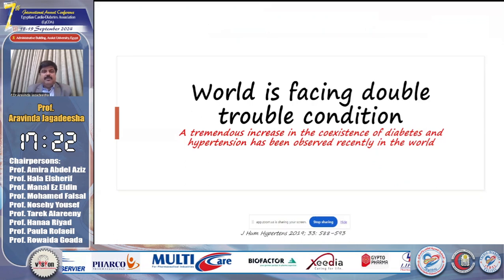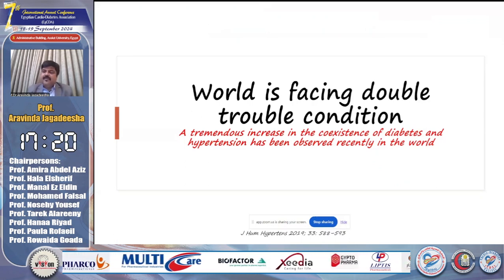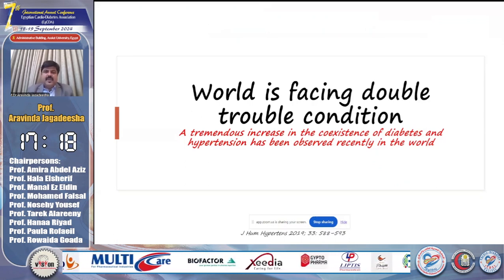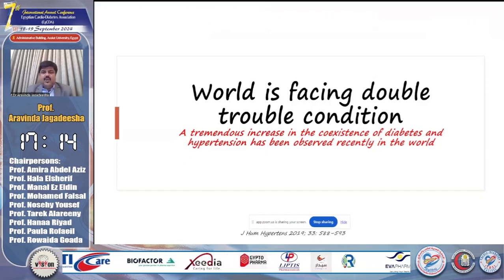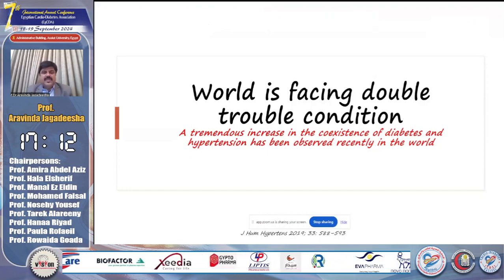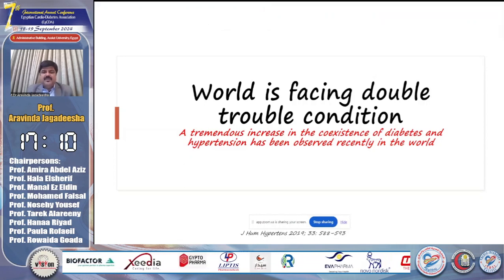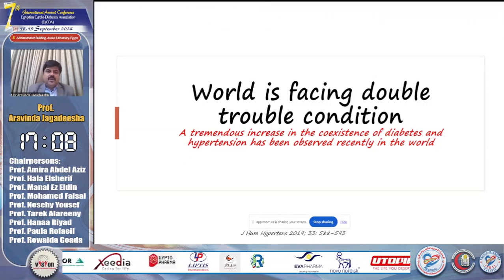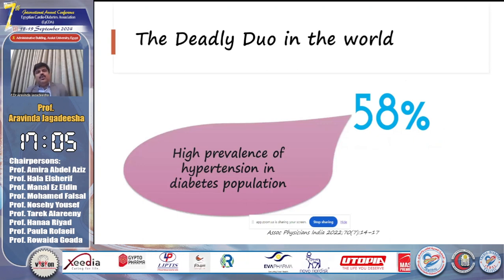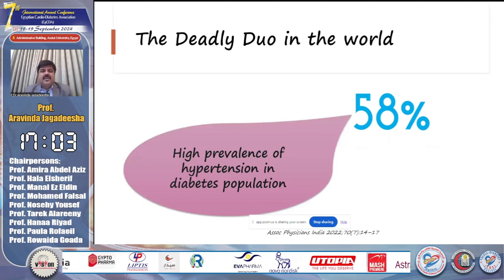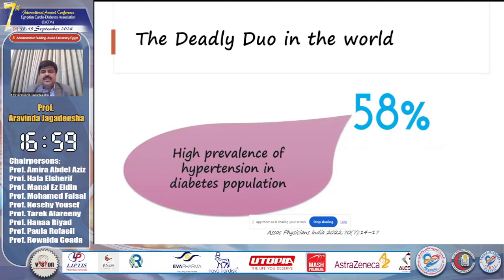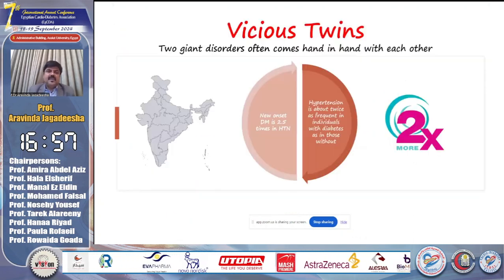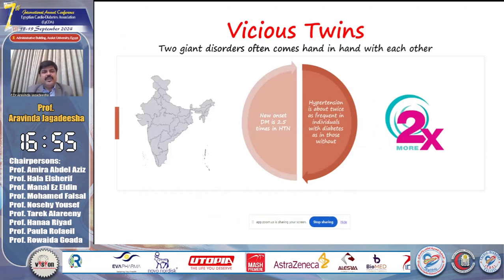So, coming to the topic per se, the world is facing a double trouble condition. A tremendous increase in the coexistence of diabetes and hypertension has been observed recently in the world. The deadly duo, that is, the high prevalence of hypertension in the diabetes population, is 58%. So it is a vicious twin.